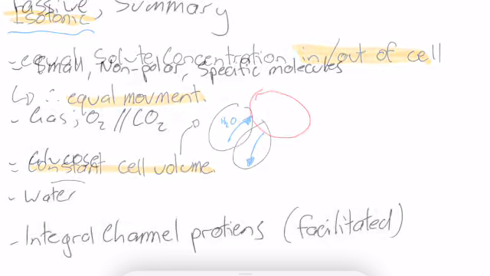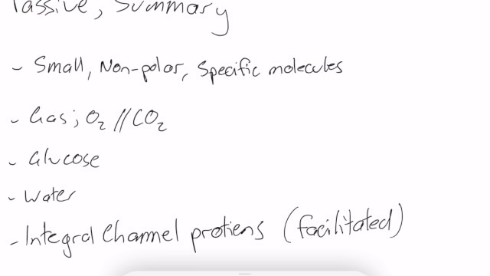So that is osmosis. As a brief summary for passive transport, we know that passive transport involves the use of small, nonpolar, and specific molecules. We talked about respiration and how passive transport involves oxygen and CO2. We talked about how passive transport can be used with small macromolecules, so things like glucose or other sugars.